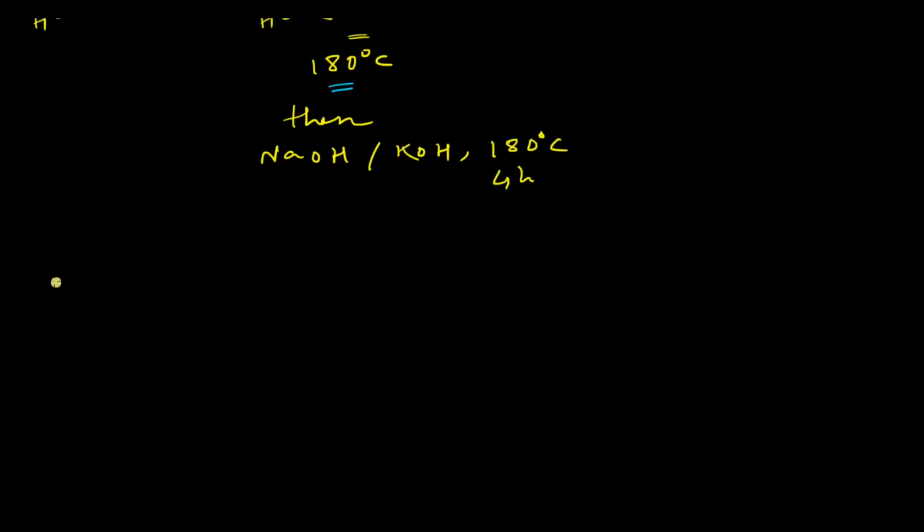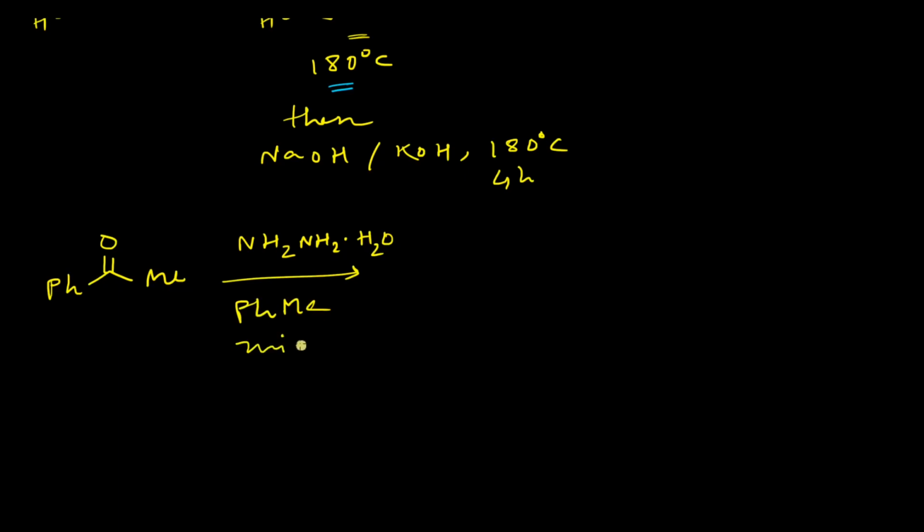Another modification of Wolff-Kishner reduction is the use of microwave as the heat source. So here also the initial hydrazone derivative is obtained via the reaction of acetophenone and hydrazine hydrate in toluene as the solvent in the presence of microwave heating. And under this condition, you will eventually get the corresponding hydrazone derivative.